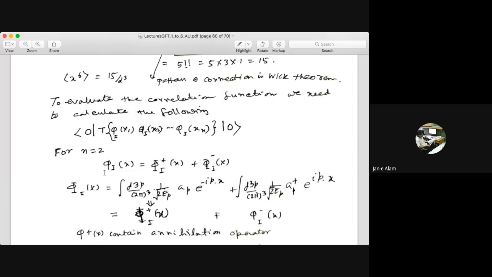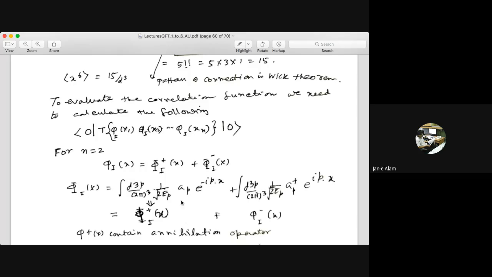So I know that I can expand this phi in terms of the annihilation and creation operators. I have written this expression many times: the integral d cube p by 2 pi cube, 1 by root 2 Ep, of a_p e to the minus ip dot x plus a_p dagger e to the plus ip dot x.